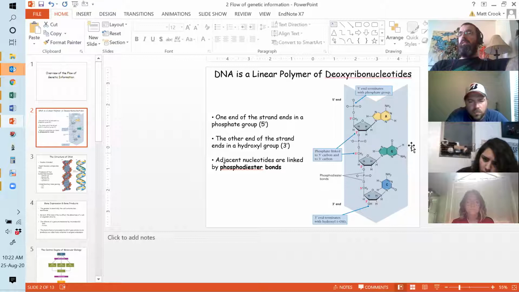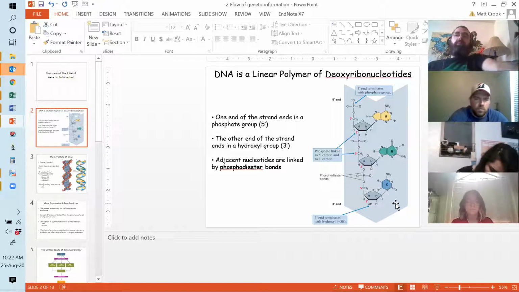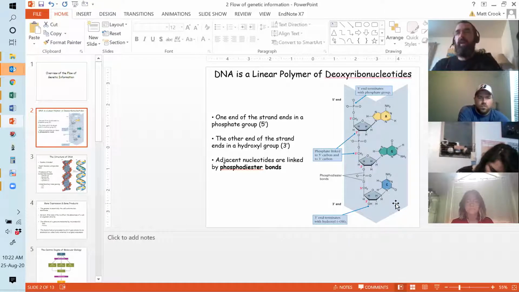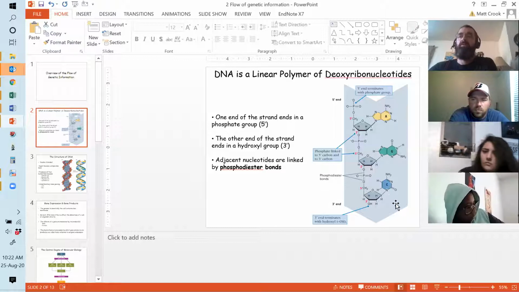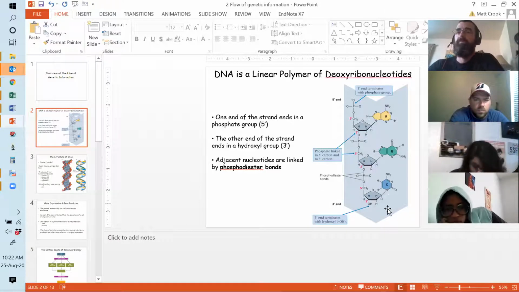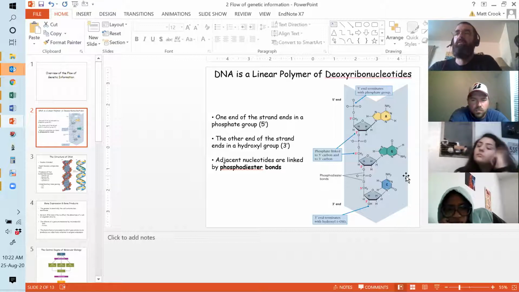So a double ring base, which is a purine, will only bond with a single ring base, which is a pyrimidine, right? I'm pointing that out because you can figure this stuff out a priori, from first principles, if you know what those first principles are.